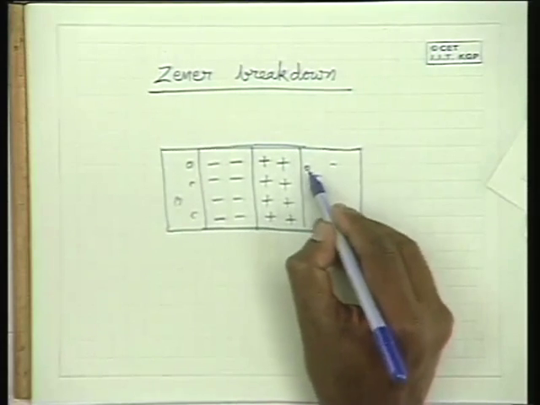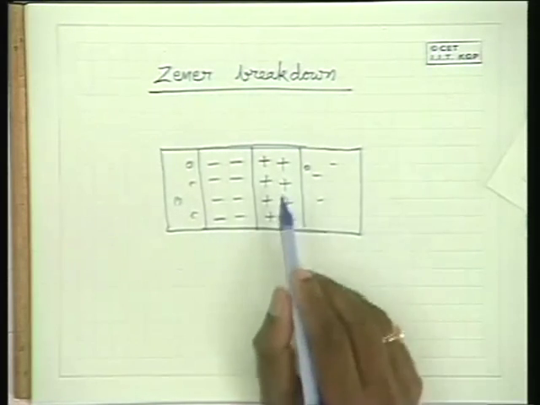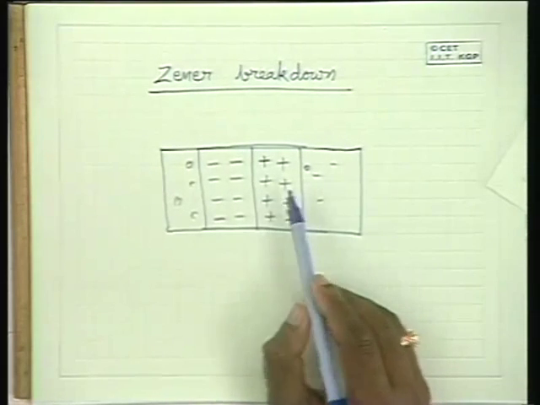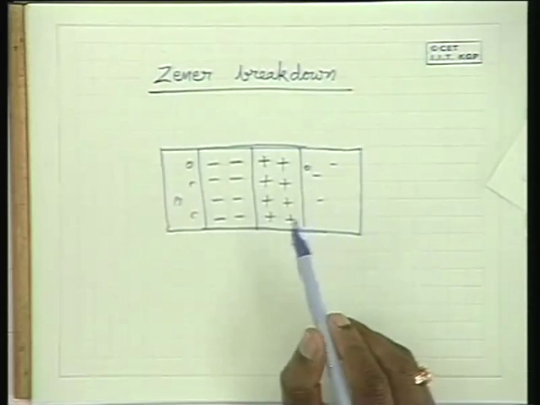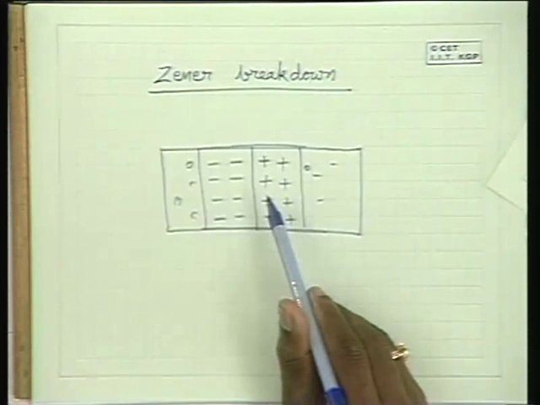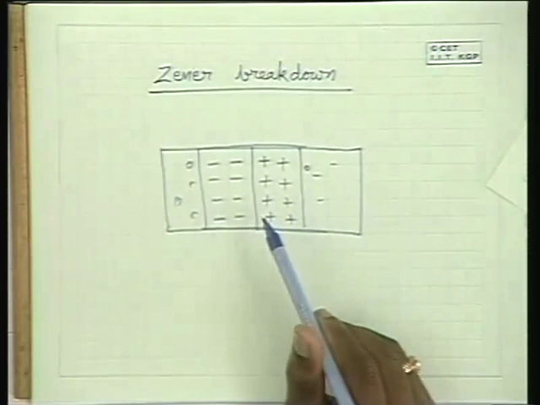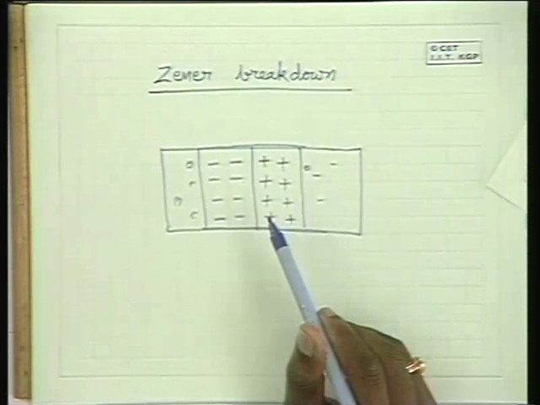When the holes go down this region, this junction region, they get accelerated and they bombard the charged particles. On the other hand, this field itself may be large enough to expel electrons from the covalent bonds.